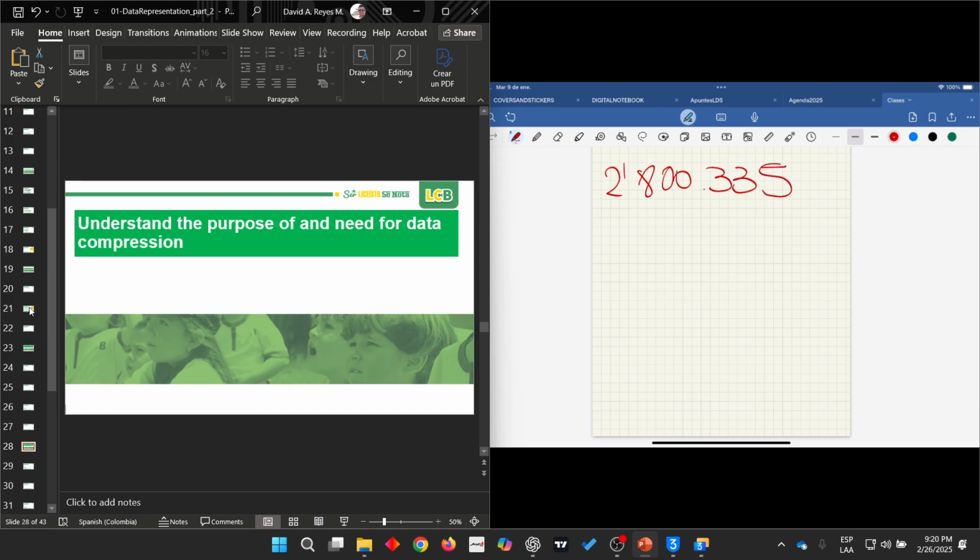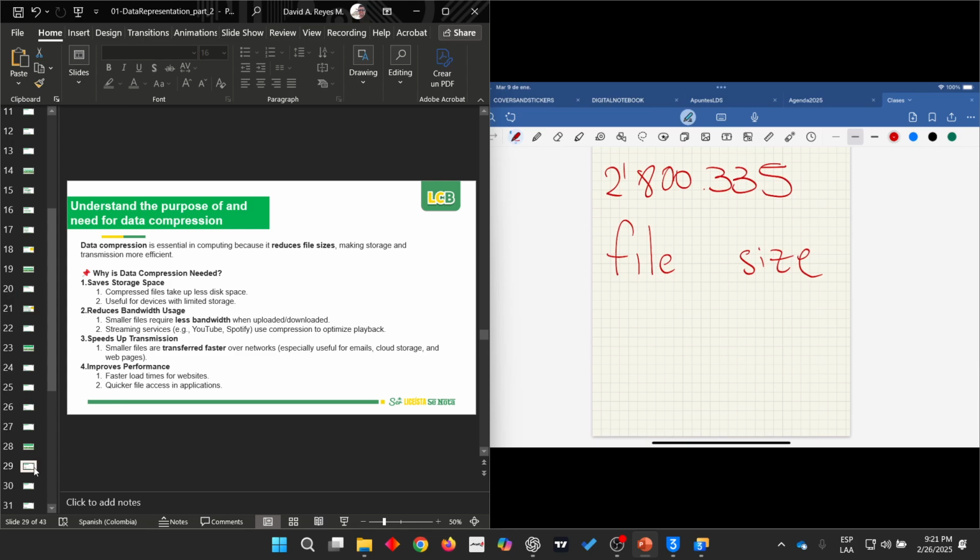So let's suppose that this is a huge file. So we need to reduce that file size. For reducing the file size, we are going to use something that is called compression.